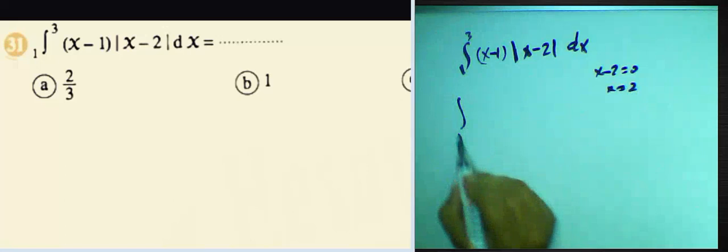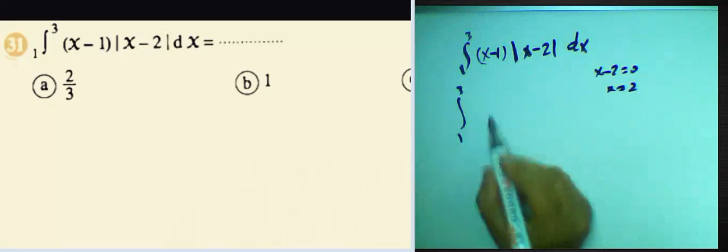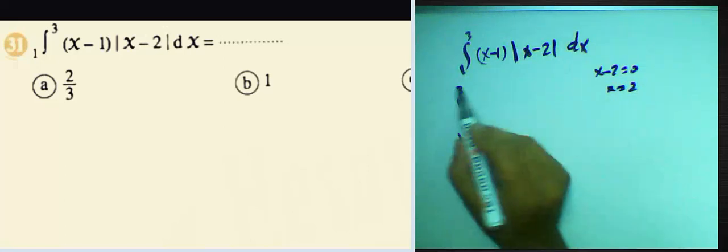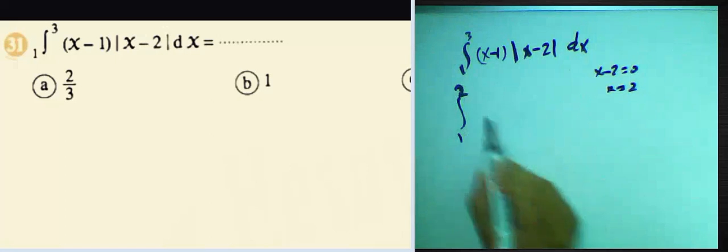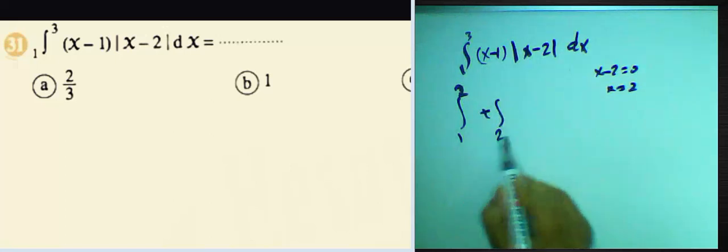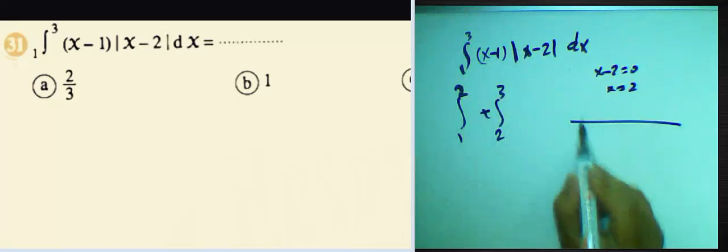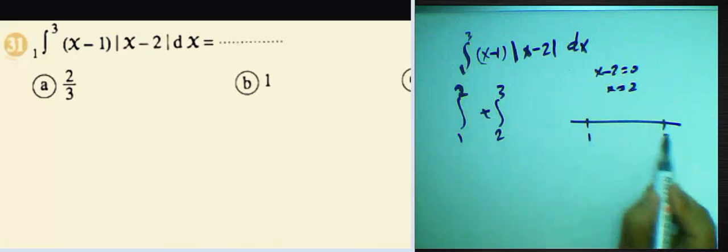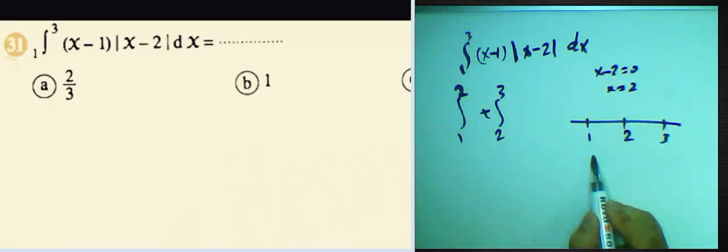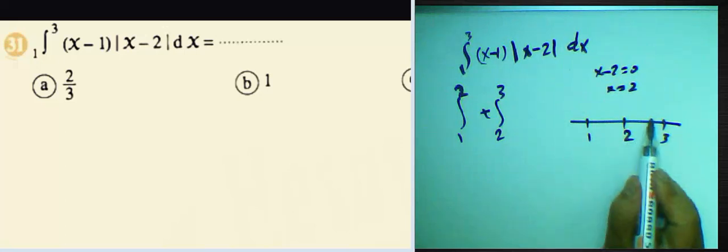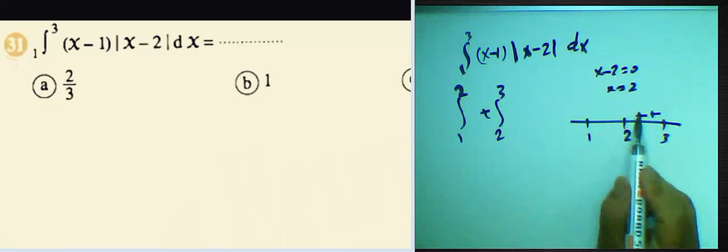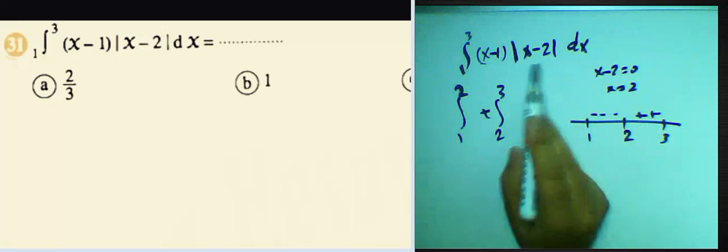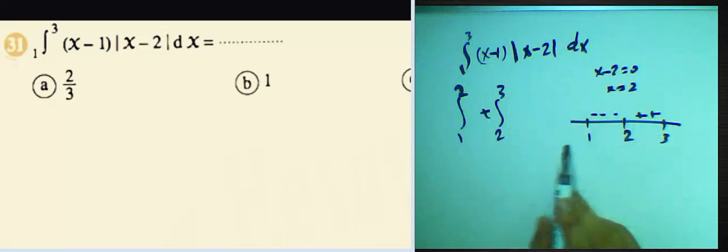Then you can divide it here into 1 to 2 and 2 to 3. Write here this part from 1 to 3 and write 2 here. Write here positive and negative. It will be positive, it's the same sign here, positive, and here negative. It's the same about the sign here, positive and negative.